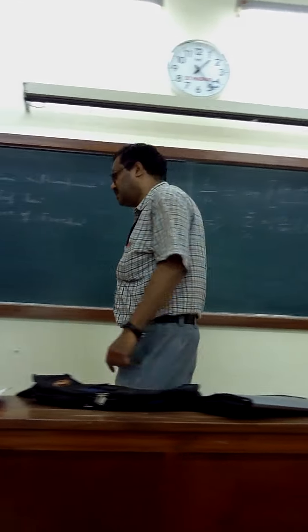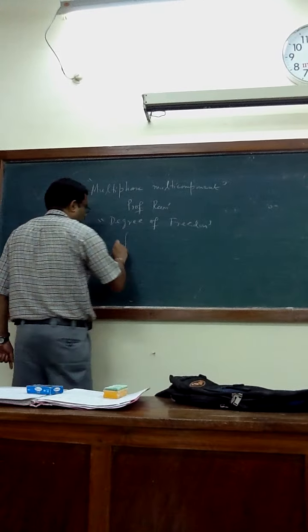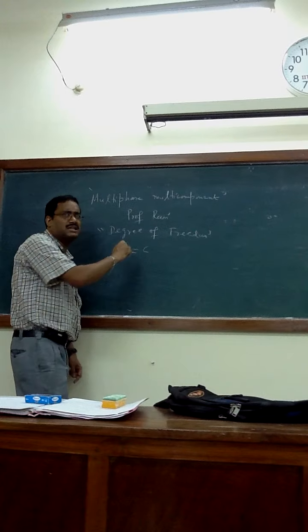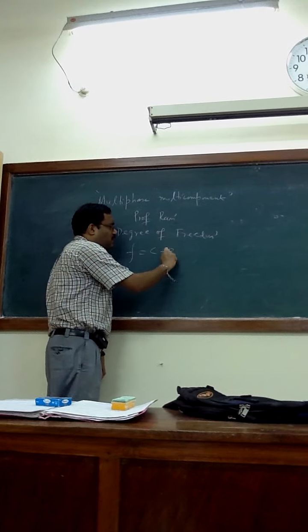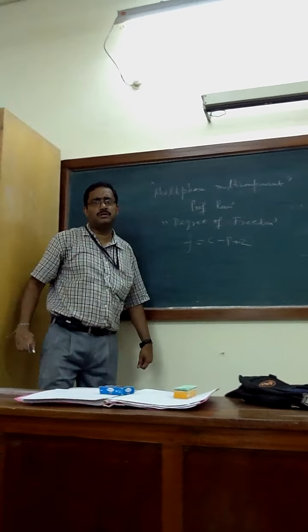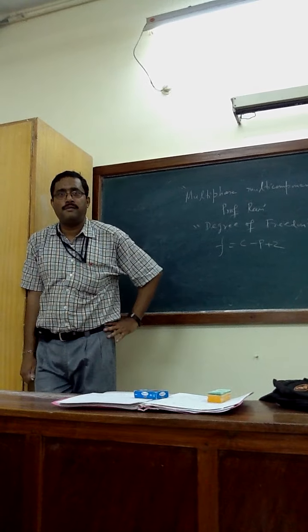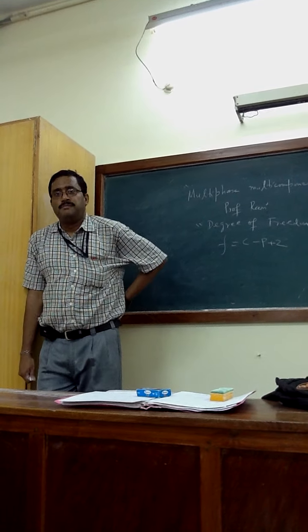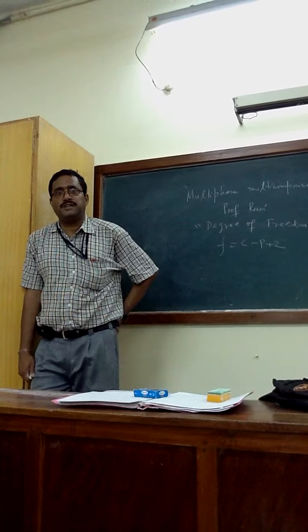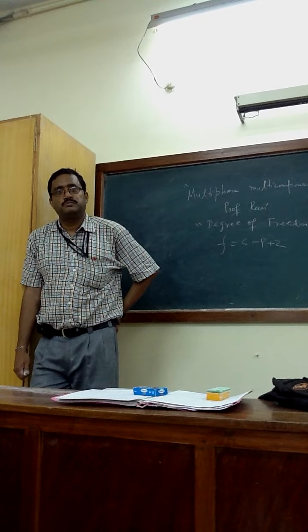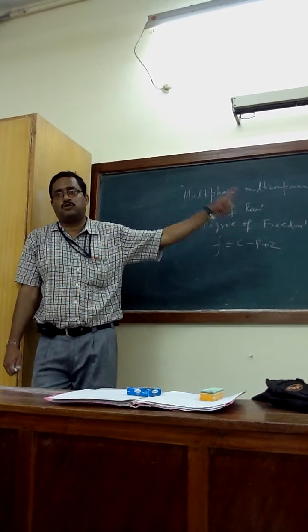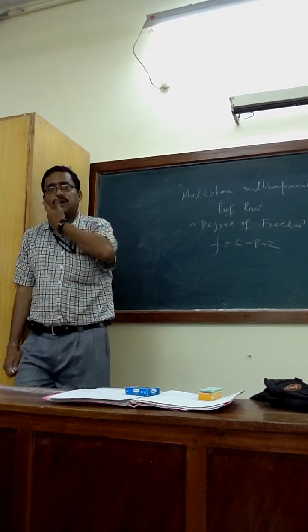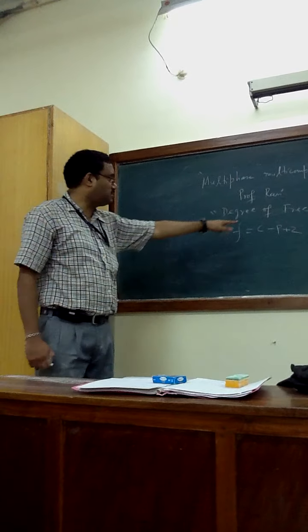We all know that the degree of freedom is C minus P plus 2, right? How to prove it? Multi-phase, multi-component: number of components minus number of phases plus 2. How to prove degrees of freedom C minus P plus 2?